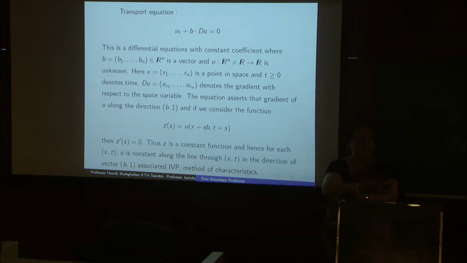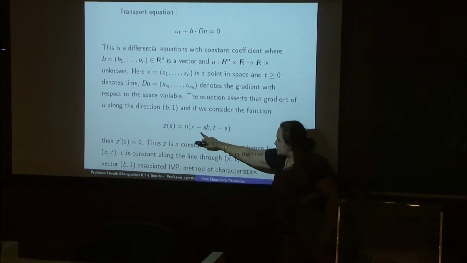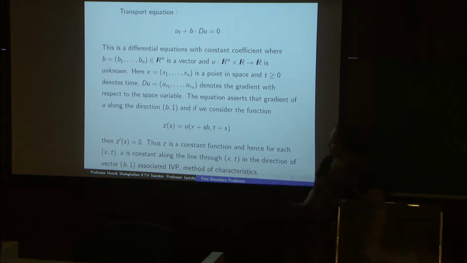What I have done here is that this part, what is this? It is just x plus sb, and the second variable is t plus s.